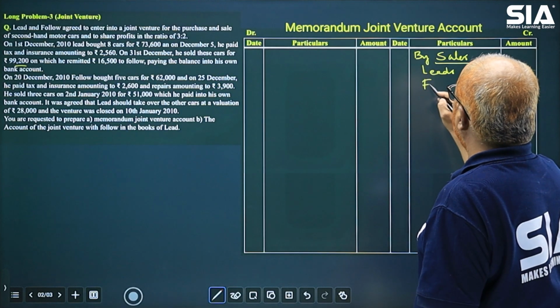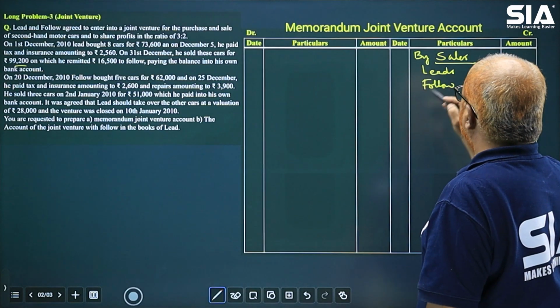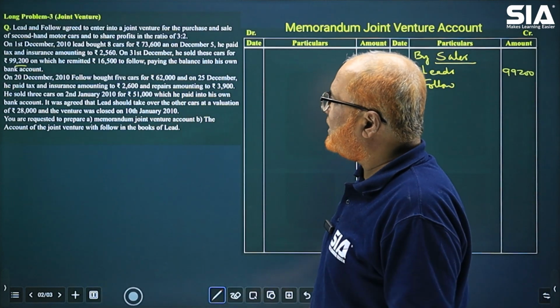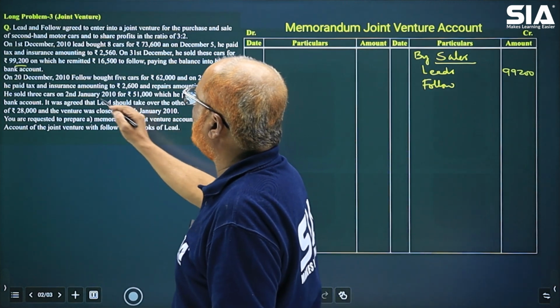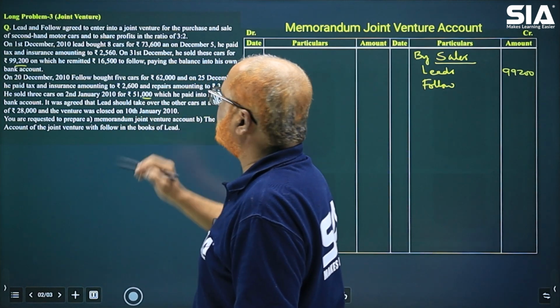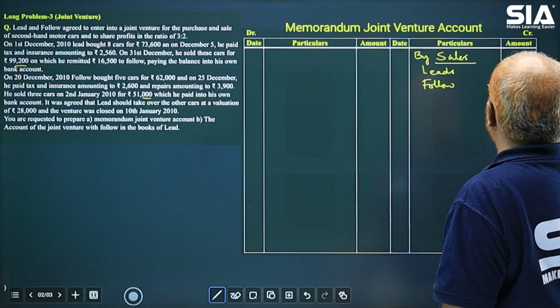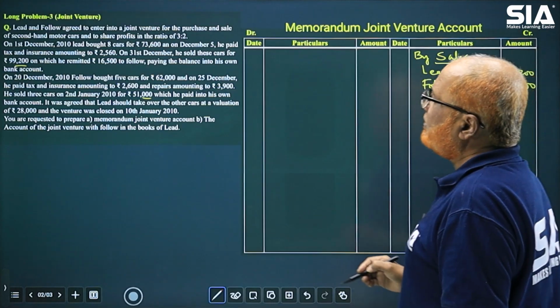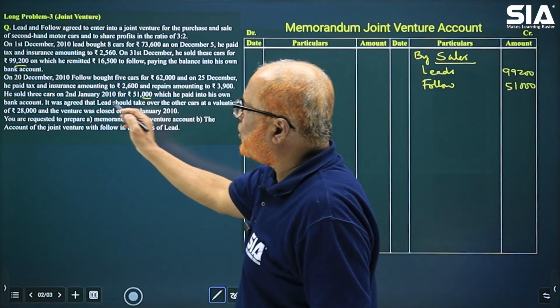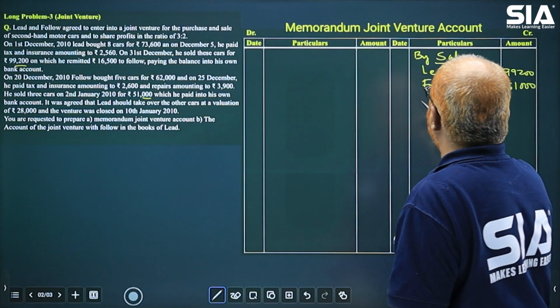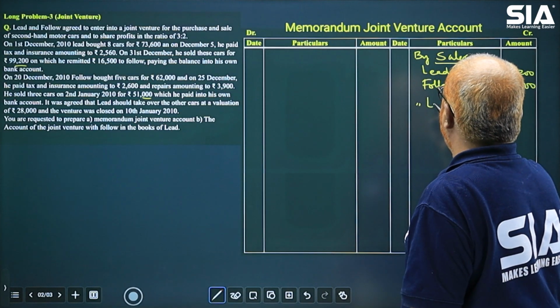Similarly, Follow. Follow has purchased 5 cars and he sold 3 cars for an agreed amount of 51,000. So here, Follow 51,000. And 2 cars remaining unsold were taken over by Lead at an agreed value.